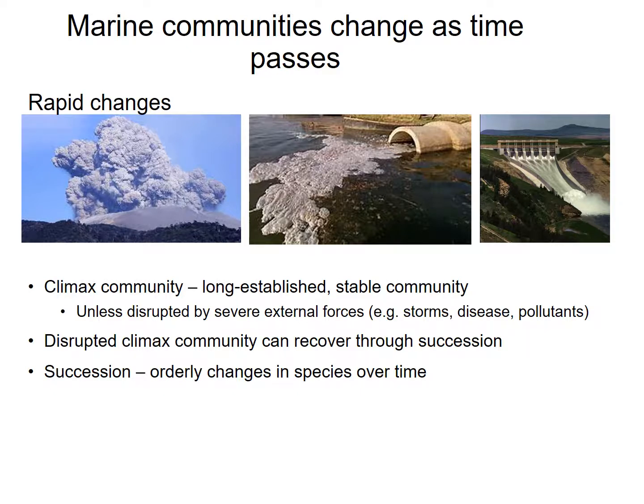Climax communities are long established, stable communities, unless they are disrupted by severe external forces, including the ones I just mentioned, but also storms, disease, or any kind of pollutants. Disrupted climax communities can recover through succession, and succession is the orderly change in species over time.